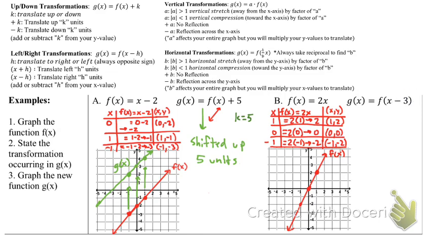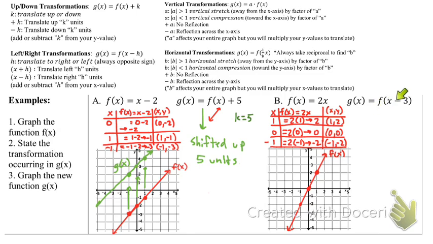So when it's inside, if you look at our rules up here, when it's inside parentheses, this is a left or right transformation. So that means we're going to move our graph left or right. Here's the rule you have to remember. Whatever sign you have inside parentheses, it's always going to be the opposite sign. Okay?